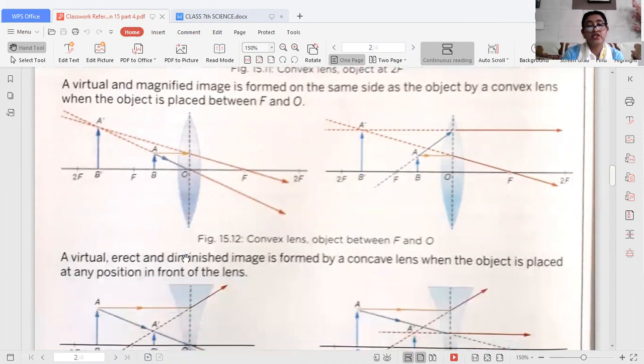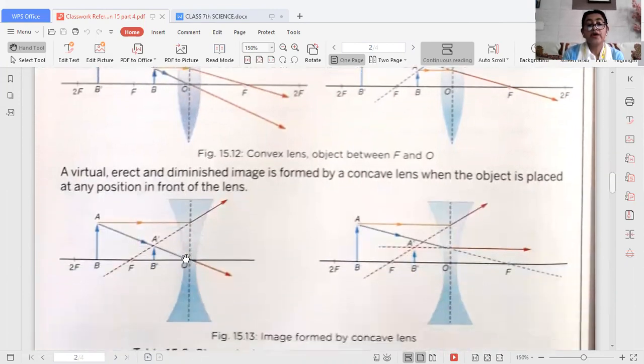Then the next you can see a virtual, erect and diminished image. AB is the object and A dash B dash is the image. It is virtual, erect and diminished, meaning smaller than the object. This virtual, erect and diminished image is formed by a concave lens when the object is placed at any position in front of the lens.